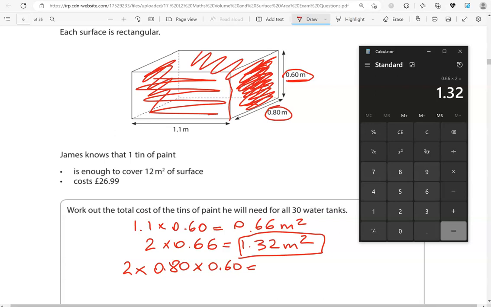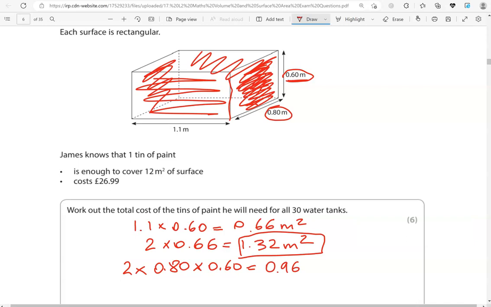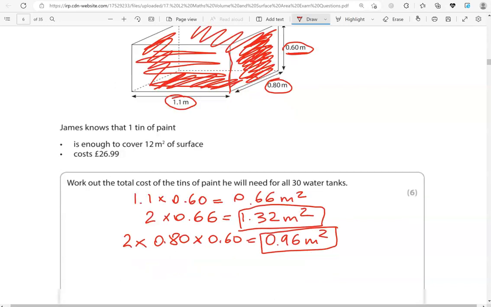With a 2 in front, we can work out for both at the same time. That is 0.96. And one more to go. That's the base here. So we'll do 1.1 times 0.80.